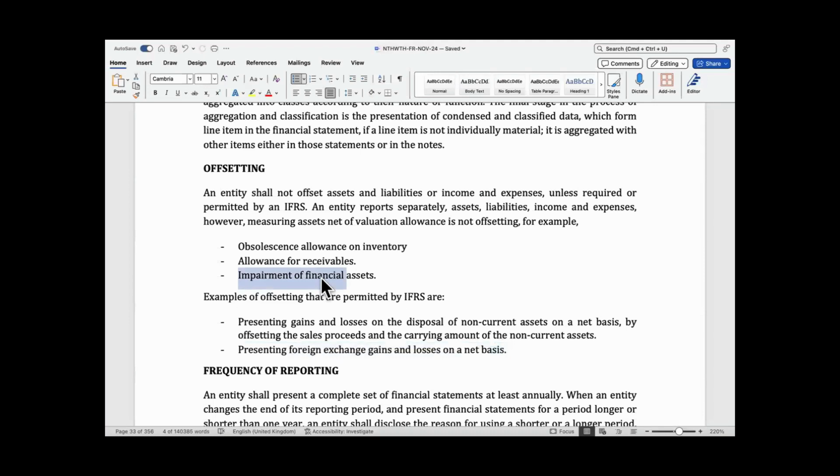That one is not offsetting. And again, these two are offsetting, but they are permitted: presenting gains or losses on sale, and presenting foreign exchange gains and losses. Those are offsetting, but permitted by the IFRS.